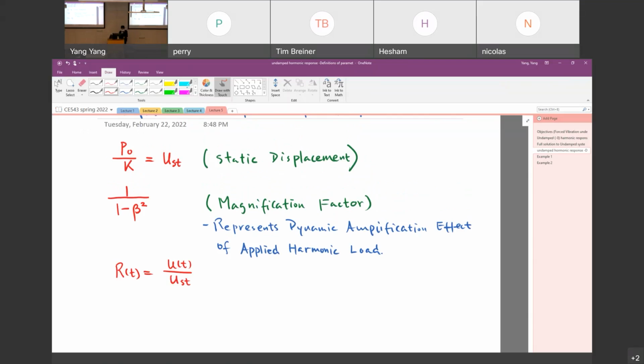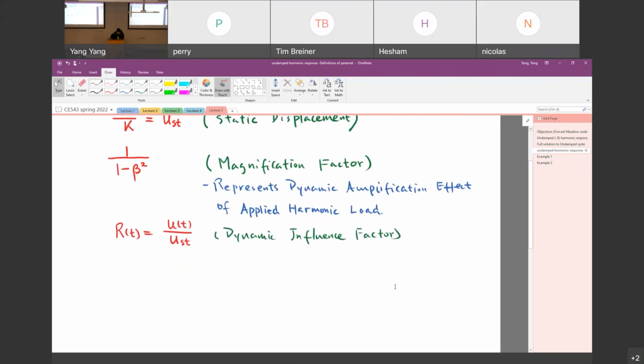The dynamic influence factor, and the beta value, omega bar over omega.